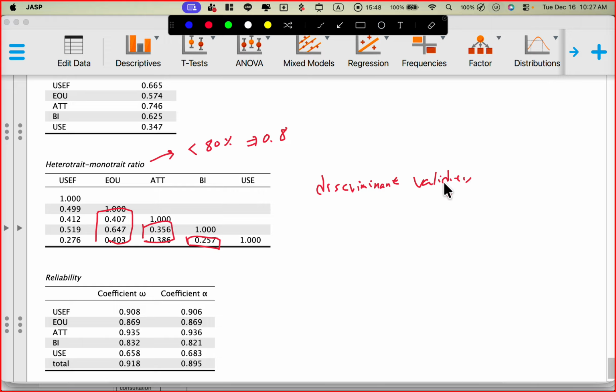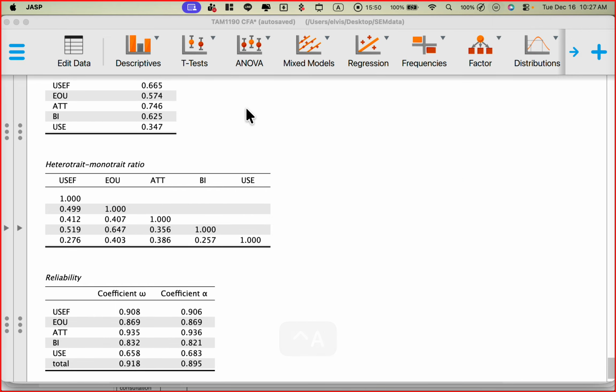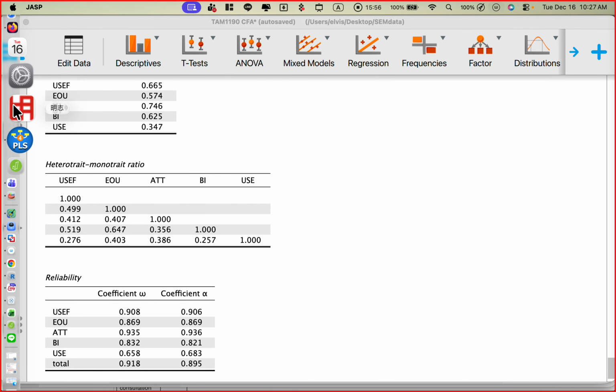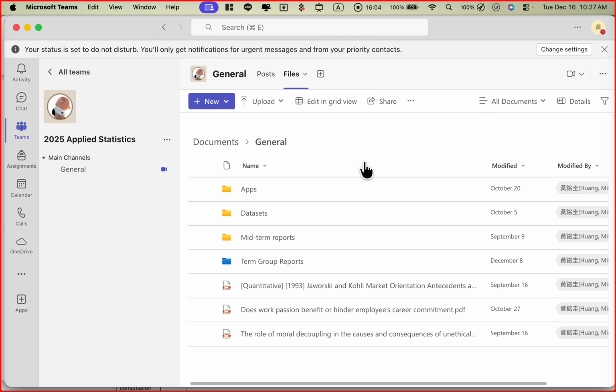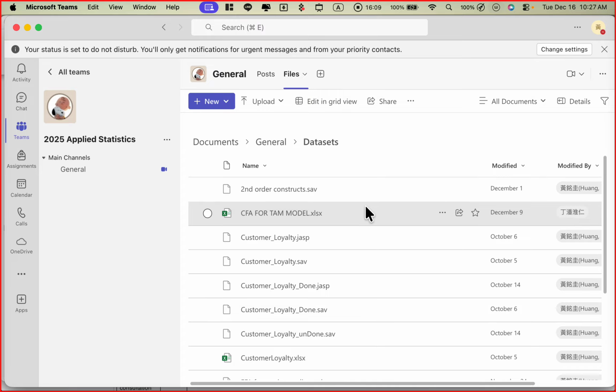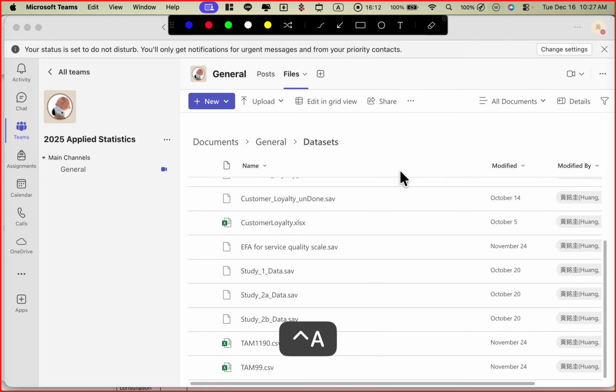If you don't have any problem, let's try to do what? Let's try to apply CFA to a different data set. And you have to analyze the convergent and discriminant validity by using the data set Study 1. This one. Study 1 is from our article on the mirror whiteboard.